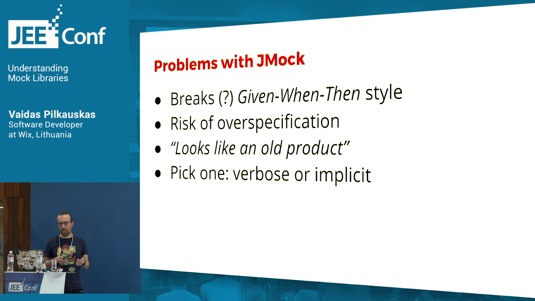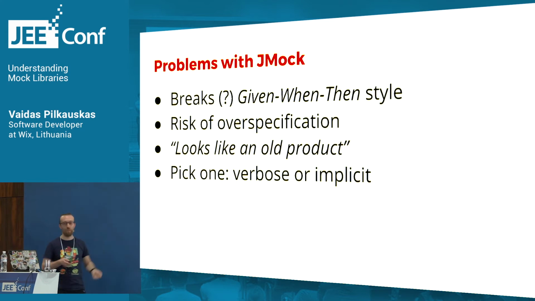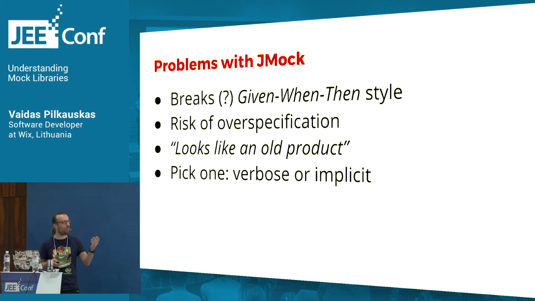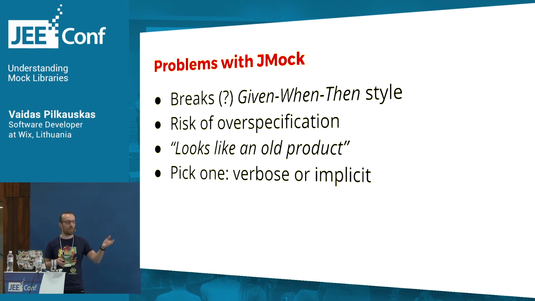Also, there is a risk of overspecification, because if you are expecting your system to use a dependency in some way, there is a risk that you will have to list internals of how you use the system. So your implementation details may leak into your test. And again, JMock looks like an old product because Mockito's DSL is so nice. On the other hand, pick one: verbose or implicit. I think both of those libraries do a lot of implicit stuff, using some context.